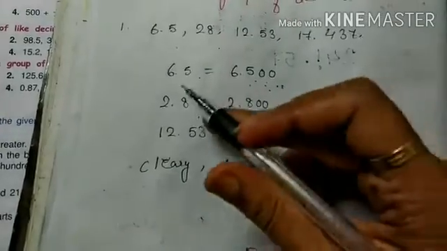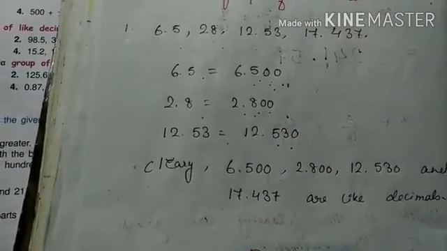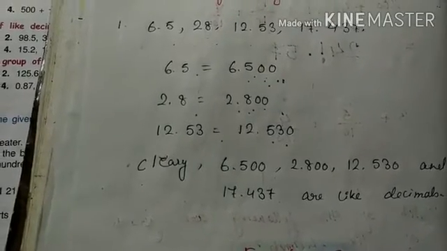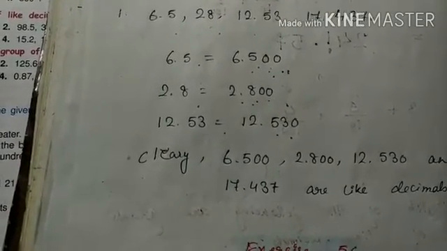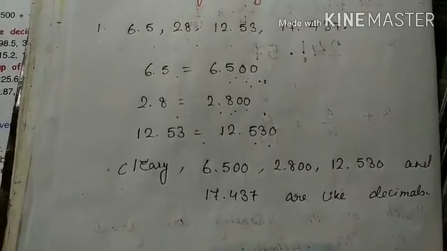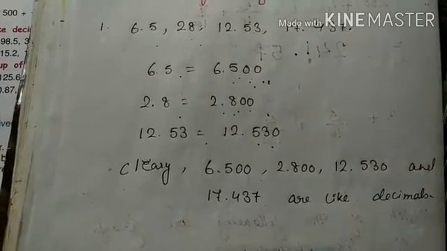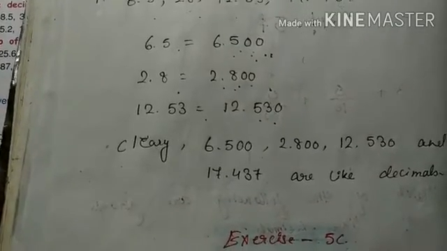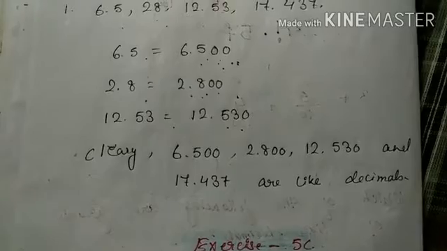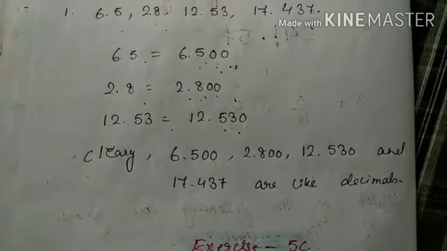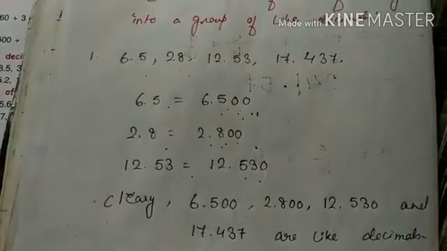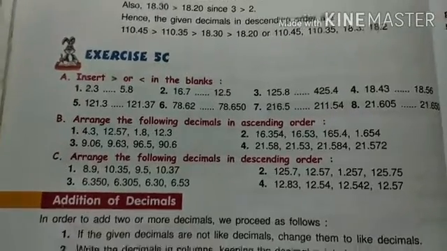So 6.5 is 6.500, 2.8 is 2.800, 12.53 is 12.530. We add 0 to the extreme right of the decimal part. Clearly 6.500, 2.800, 12.530 and 17.437 are like decimals.